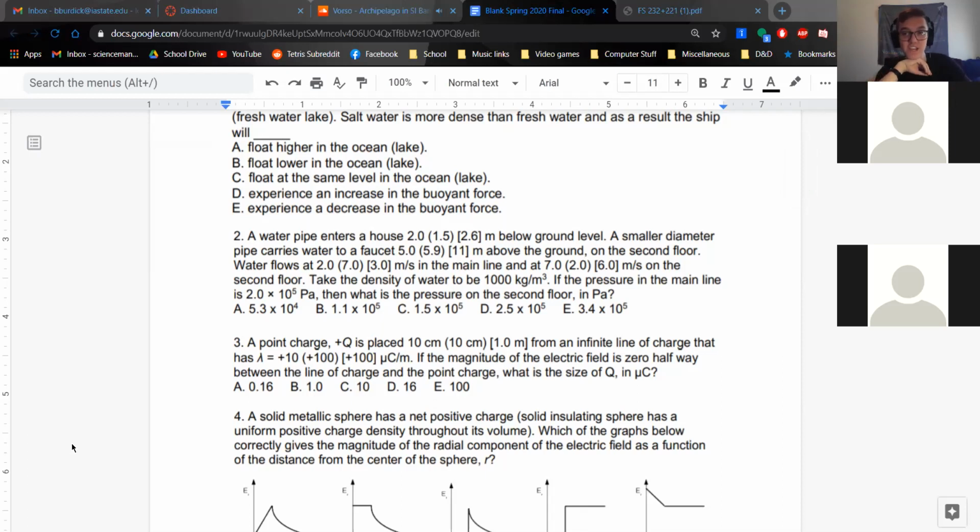All right, so Christian is also getting about 1.1 times 10 to the 5th. Yeah, that is a little bit off. Now, it could come down to rounding. Not sure.